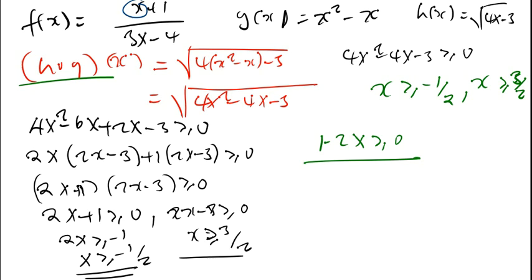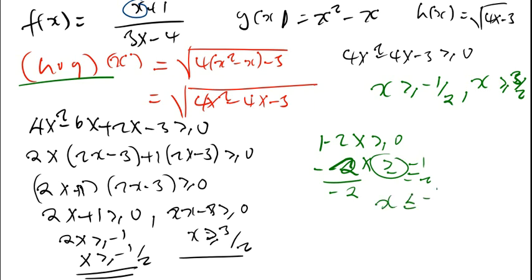If you have something like this, then I have to shift 1 to the other side, so it will be negative 2x greater than or equal to negative 1. Whenever you are dividing by a negative, that's when this sign changes. So it only changes when you are dividing by negative. We have answered one question.